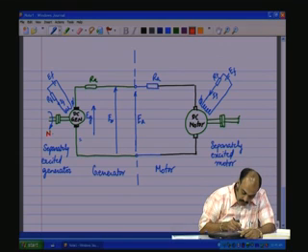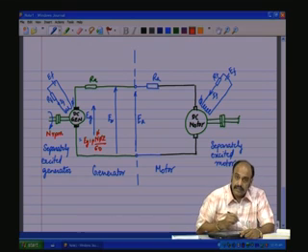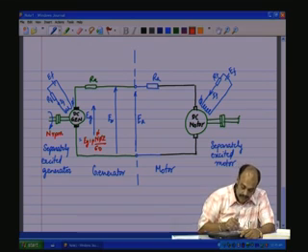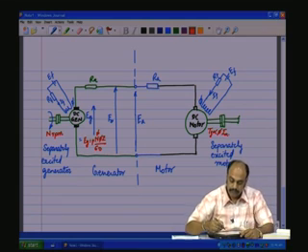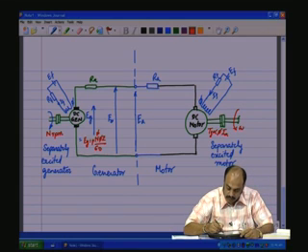If this is rotating at n RPM, what you are going to get here is EG equal to P n phi z by 60. So, n here is going to affect EG. By changing n, EG changes, E naught changes, and therefore EA changes, which is going to change the generated torque, phi IA, which is going to affect omega.